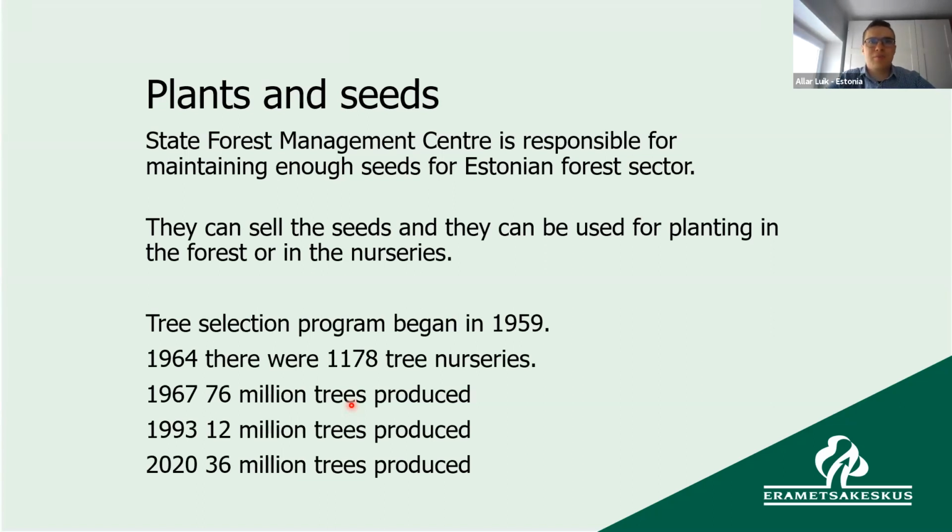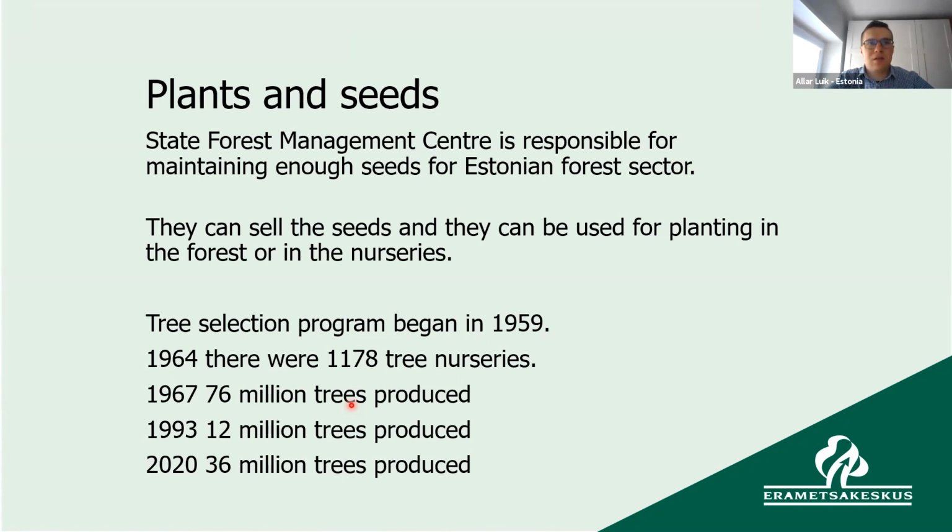The tree selection program began in 1959. Of course, before that, for a few hundred years, there has always been knowledge to collect seeds from the best trees and from the best stands. However, the first seeds were collected and planted in 1959.